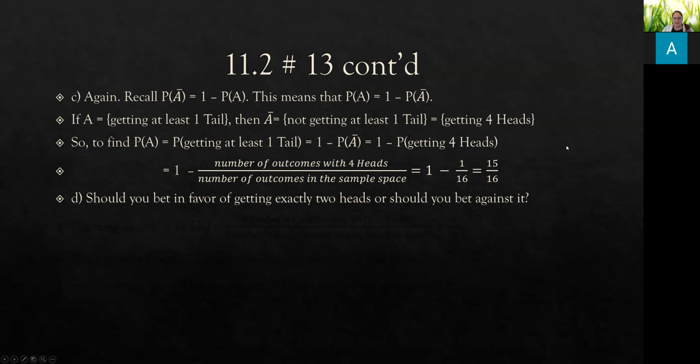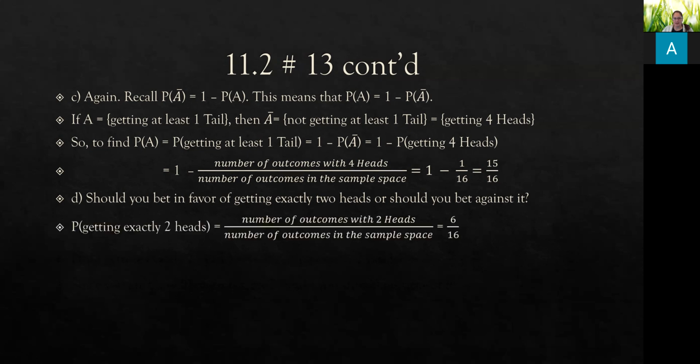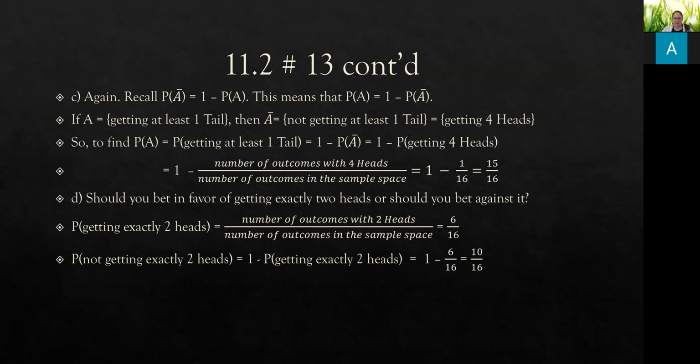And then part D says, should you bet in favor of getting exactly 2 heads, or should you bet against it? The probability that you get exactly 2 heads is the number of outcomes with 2 heads out of the number of outcomes in the sample space. That's 6/16. And the probability of not getting exactly 2 heads, that's 1 minus the probability of getting exactly 2 heads.